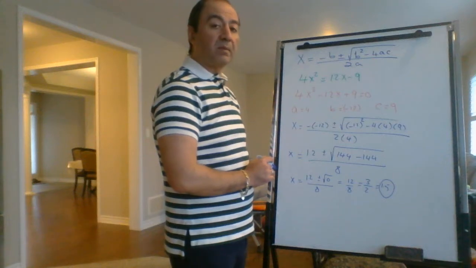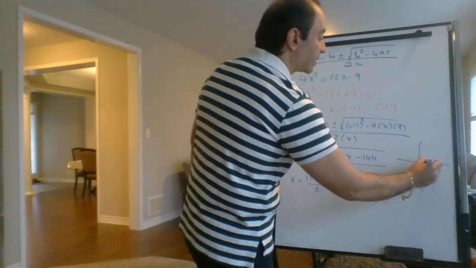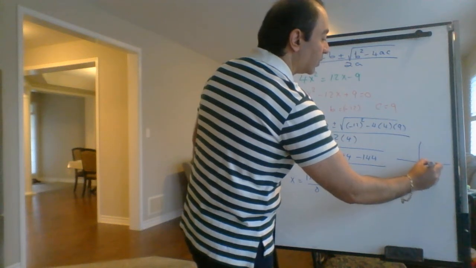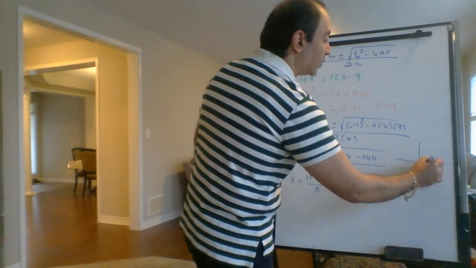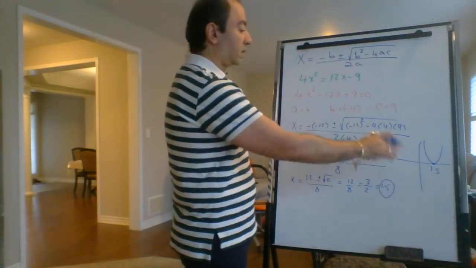So what does that mean? It means when we graph this parabola, it will cut the x-axis in one point, which is 1.5, and it will also be the vertex. It opens up, yes.